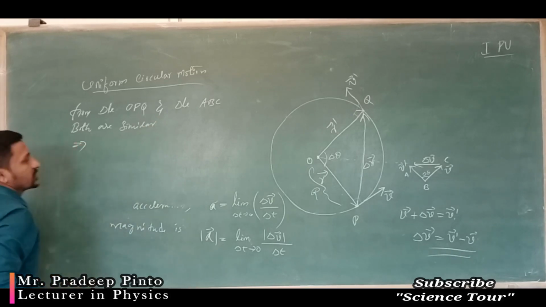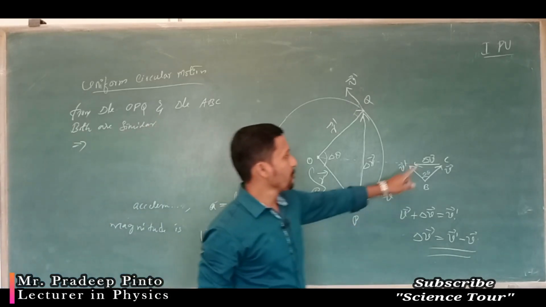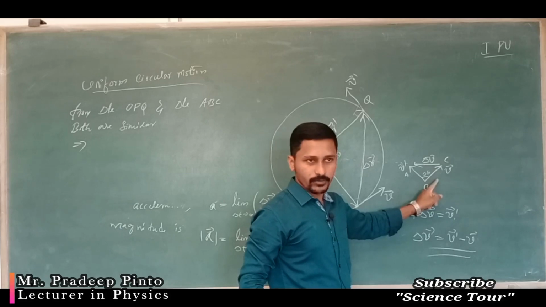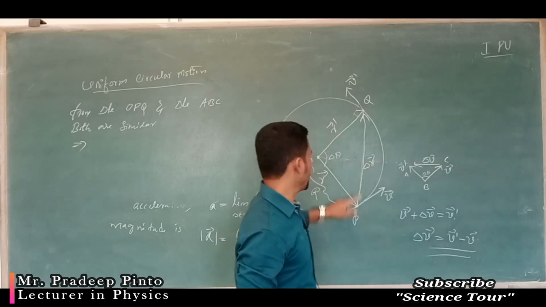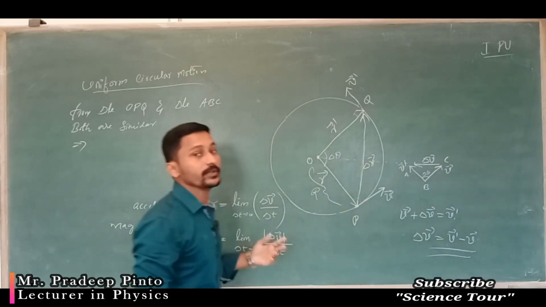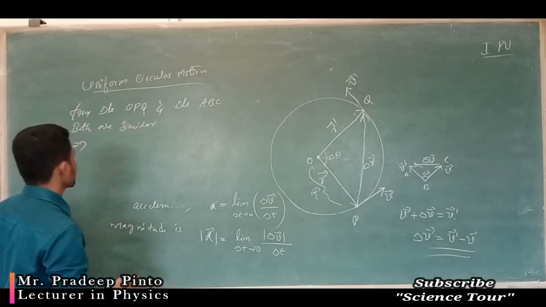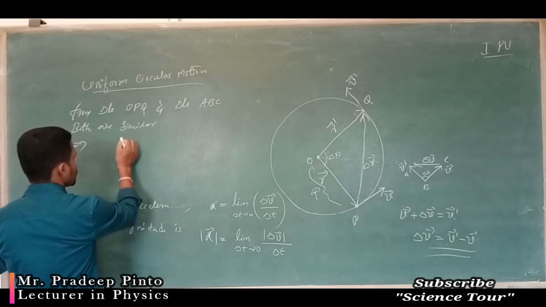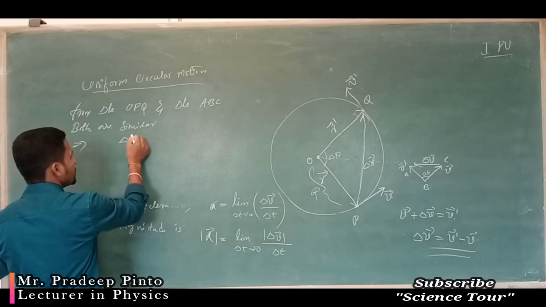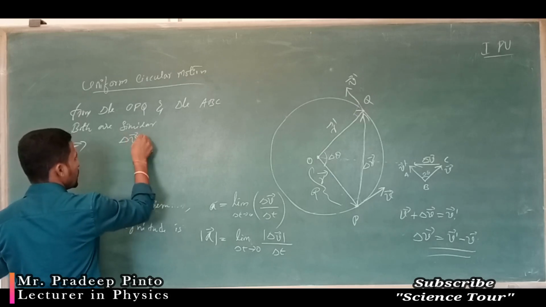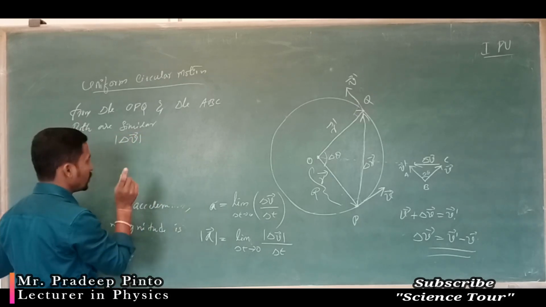That implies similar triangles: base divided by any of the lengths is equal to base divided by the corresponding length of the other triangle. So the ratio of the base and one side. Length means no direction, only magnitude.